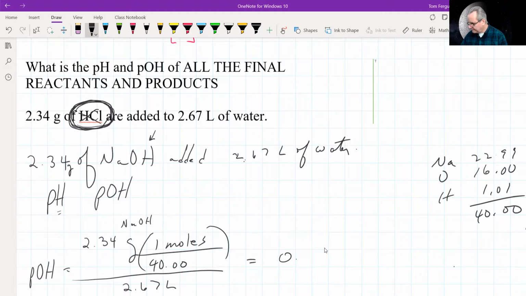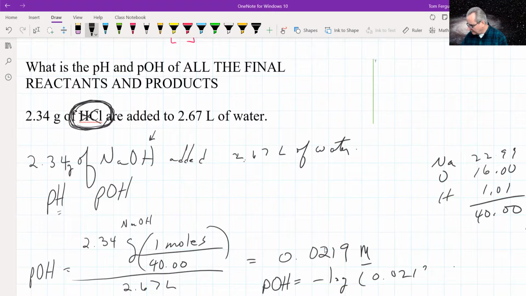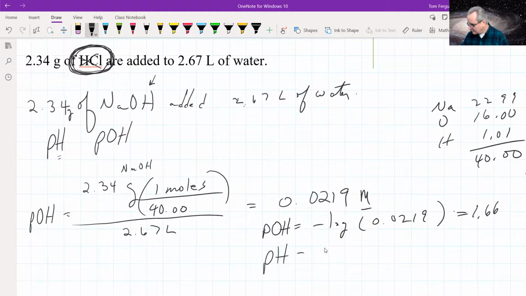So we're looking at, and then pOH is going to be equal to the negative log of that, which is 1.66. And then the pH is 14 minus 1.66.